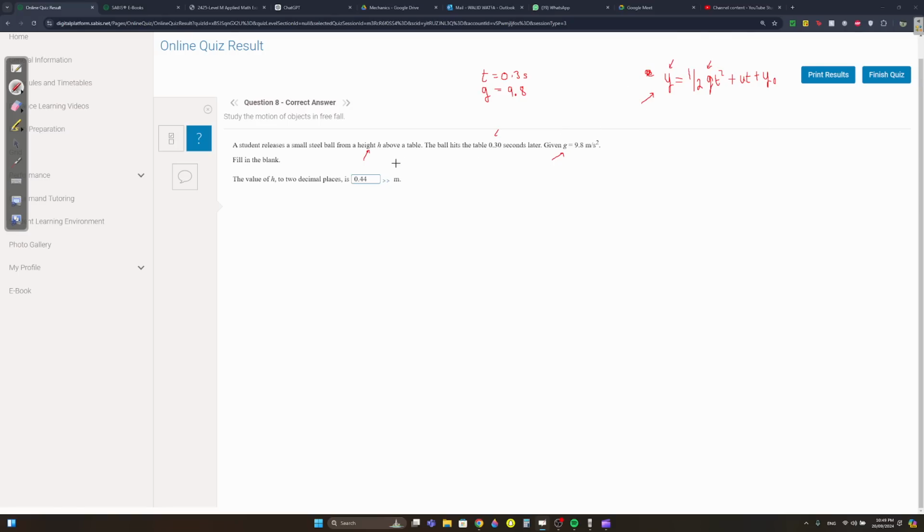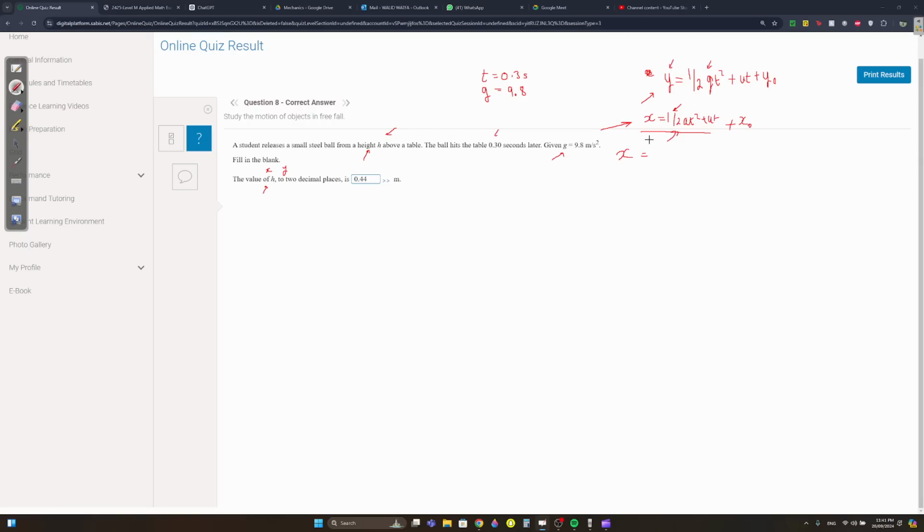Anyway, here they want the value of h. In other words, they want x or y or whatever. In the exam, if you write x equals half at squared plus ut plus x naught, that's the formula we're going to use here. What we're trying to find is the height h, so we replace it by x. x is meters, any distance, any height.